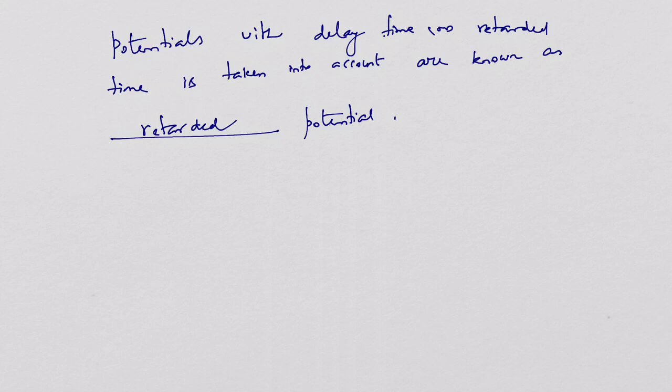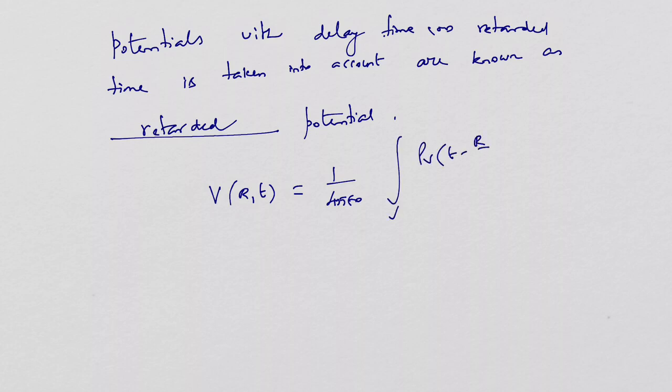Shall I repeat? V of r comma t is equal to 1 by 4 pi epsilon naught volume integral of rho v of t minus r by u divided by r into dV stands for retarded potential because it takes the delay time r by u into account.